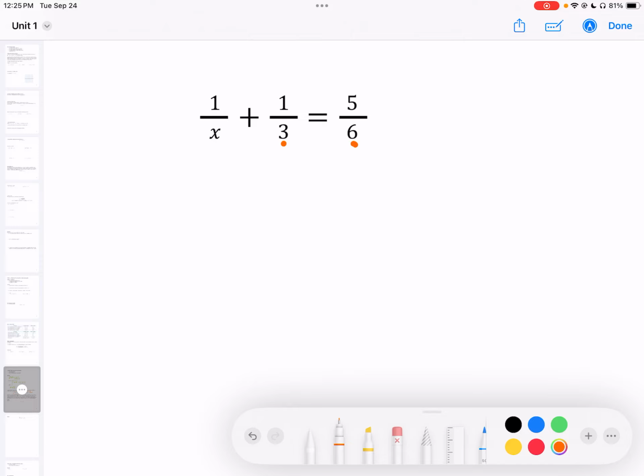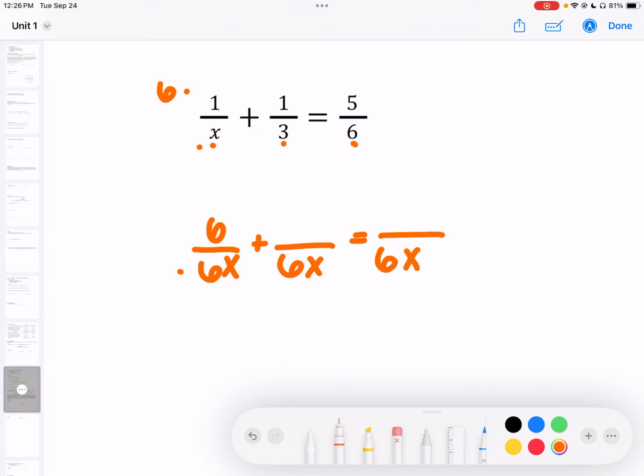I immediately notice that these guys have a 6 in common, but I also have an x, so I'll go ahead and include the x in my denominator as well. So now I have 6x divided by x is 6 times 1 is 6. 6x divided by 3 is 2x times 1 is 2x. 6x divided by 6 is 1, which gets me 1 times 5x.